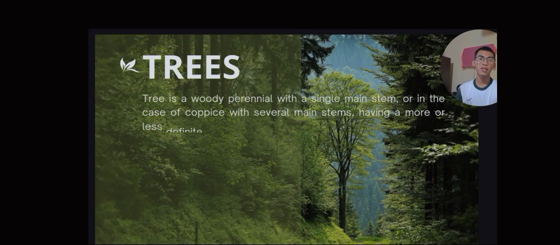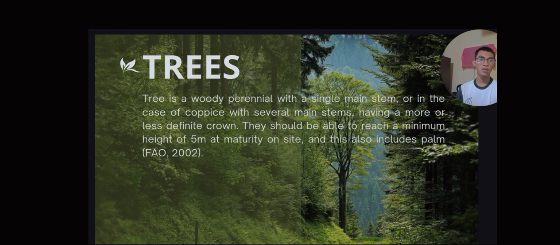So, trees. A tree is a woody perennial with a single main stem, or in the case of coppices with several main stems, having more or less a definite crown.